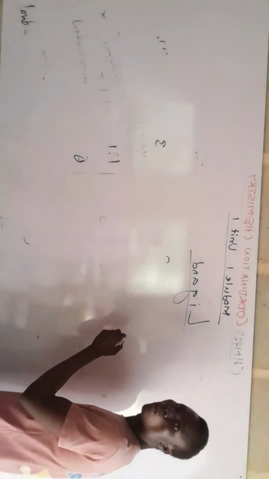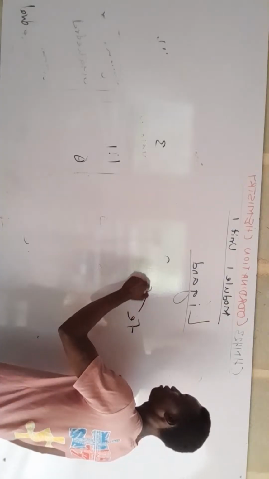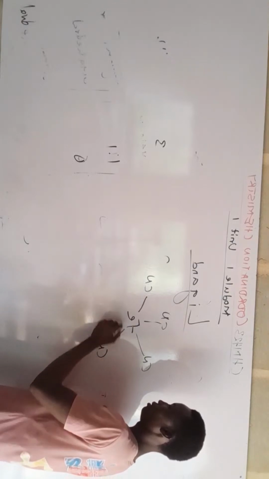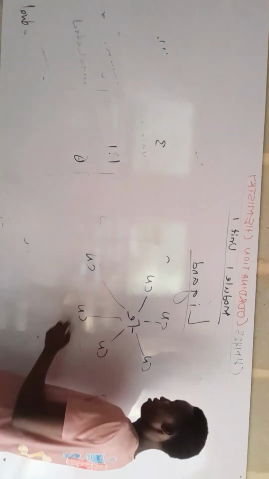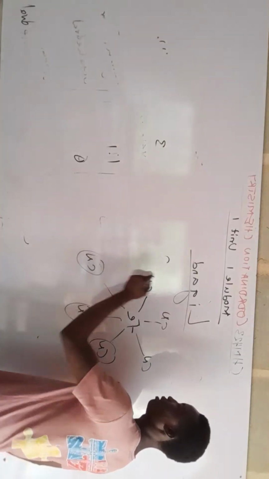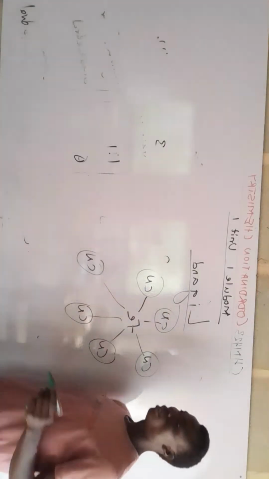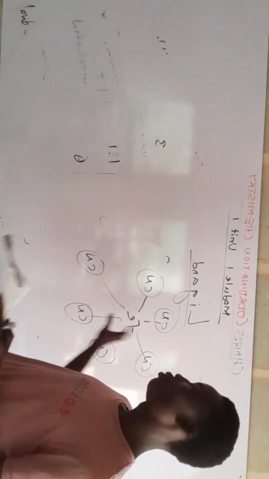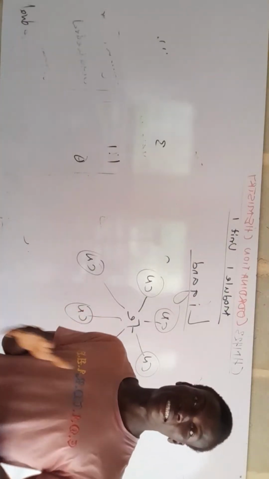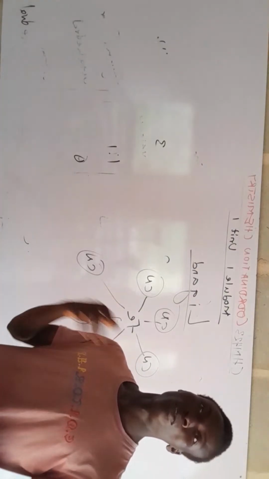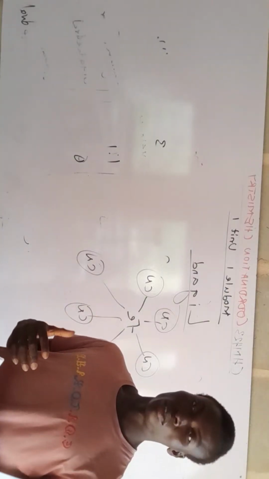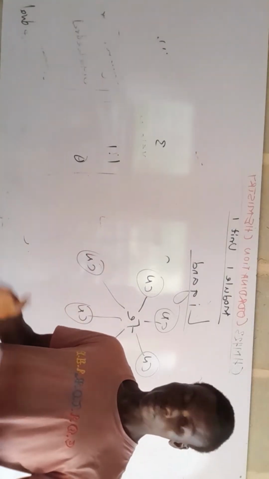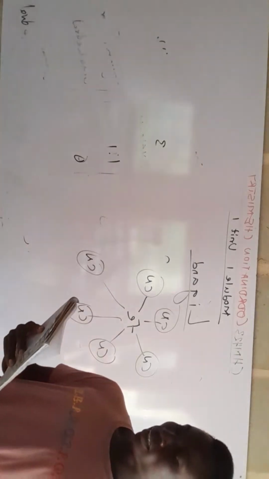Now, this is when you have Fe, you now have CN, CN, CN, CN, CN, CN. 1, 2, 3, 4, 5, 6. These are the ligands that we're talking about there. This one, Lewis base. Lewis bases are those bases that are ready to accept electrons. Lewis acids are those acids that are ready to lose what? Electrons. Simple.